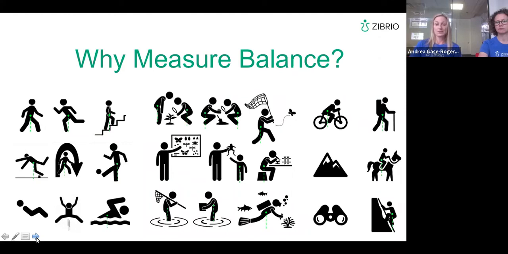You will see that there is a swimmer down at the bottom line there. Gravity is still affecting them, even though they're buoyant, but fortunately that buoyancy means that they're not going to fall down because the buoyancy is keeping them upright, but gravity is still applying on their bodies.